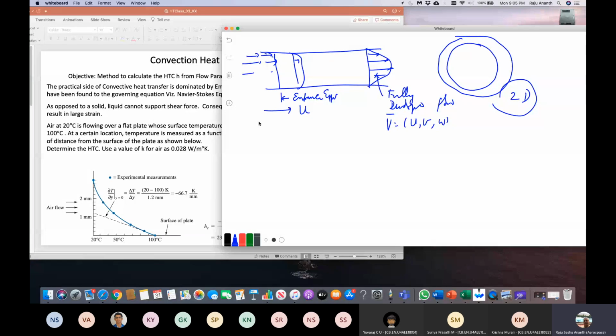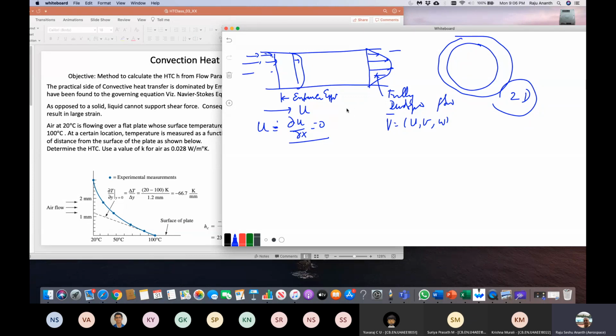So u is independent of x, so du/dx is 0. So u is not changing. Once it's developed, everywhere is the same. It's being driven by some sort of pressure here somewhere, whatever.